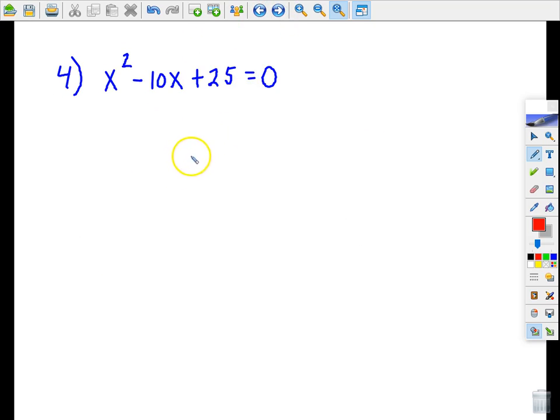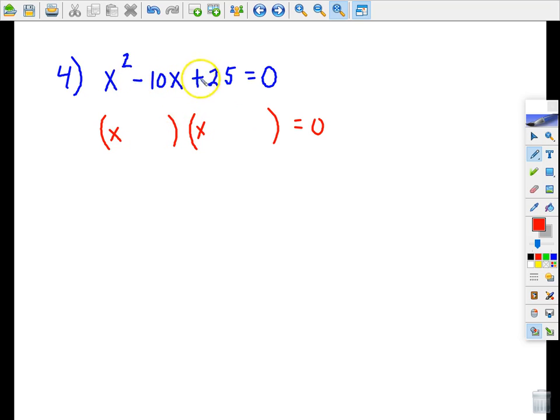Okay, let's take a look at number 4. Solve by factoring. So in this case, I'm looking for a GCF. I don't see one, so I'm going to see if it's possible to factor this as two linear binomials multiplied together. Well, let's see. We know what the signs have to be in both of the groups.